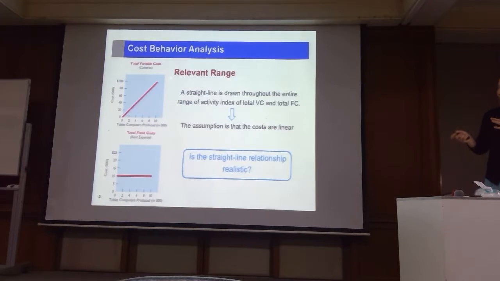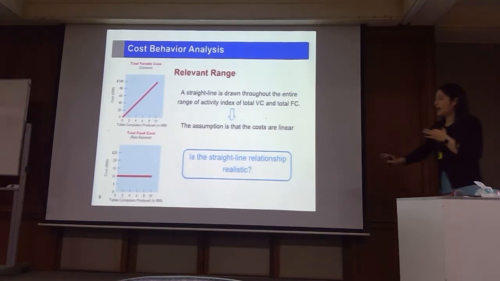It means that we assume that this relationship is linear. If we produce more, the total variable cost tends to increase in a linear relationship. But in reality, is the straight line relationship real? In reality, it's not. But for us to make it easy, we assume that the relationship is linear.